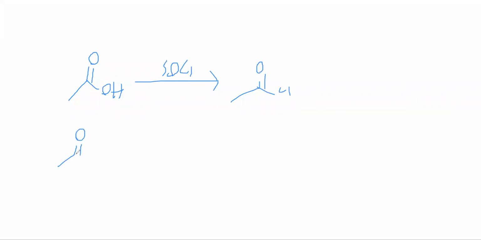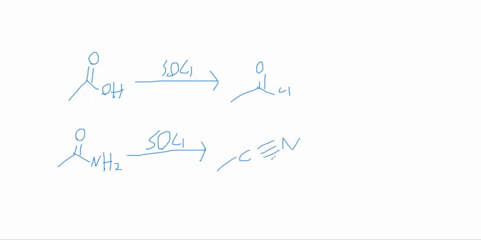Some other reactions, and like I've said before, I'm not going over literally everything. I'm just trying to go over some of the important things. And this is a bit of a weird case, even though it's something that got brought up before. I'm just going to put these two side by side so you can see the difference. If you react a carboxylic acid with SOCl2, that's going to turn it into an acid chloride. If you react an amide with SOCl2, it's not going to give you an acid chloride, that's going to give you a nitrile.